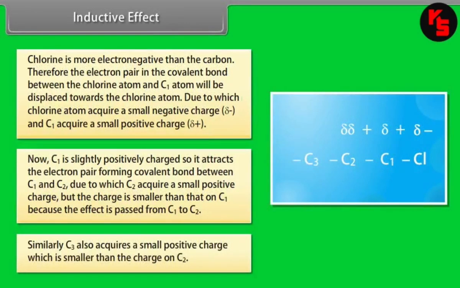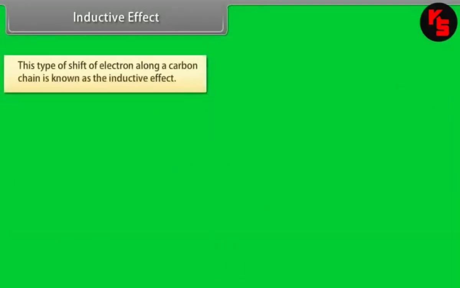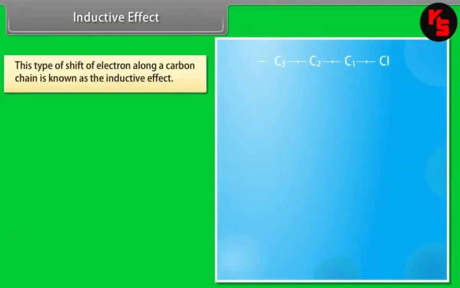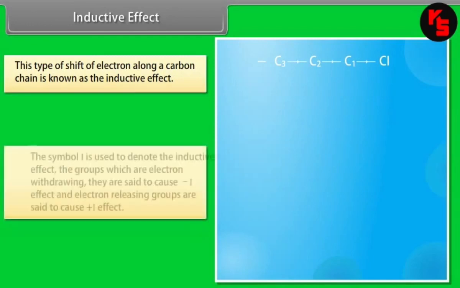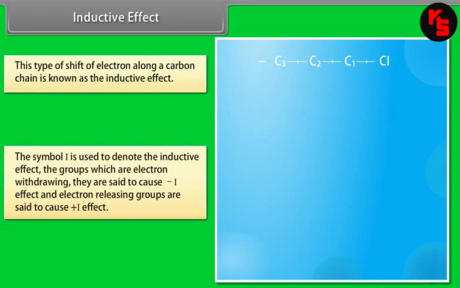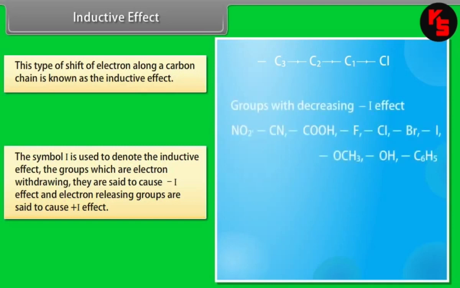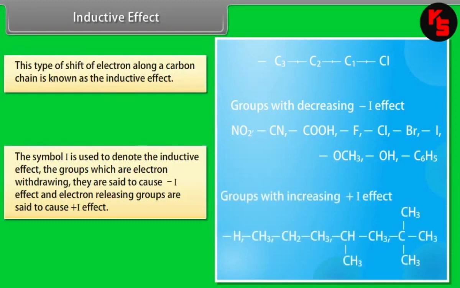Similarly, C3 also acquires a small positive charge which is smaller than the charge on C2. This type of shift of electrons along a carbon chain is known as the inductive effect. The symbol I is used to denote the inductive effect. The groups which are electron withdrawing are said to cause negative I effect, and the electron releasing groups are said to cause positive I effect.